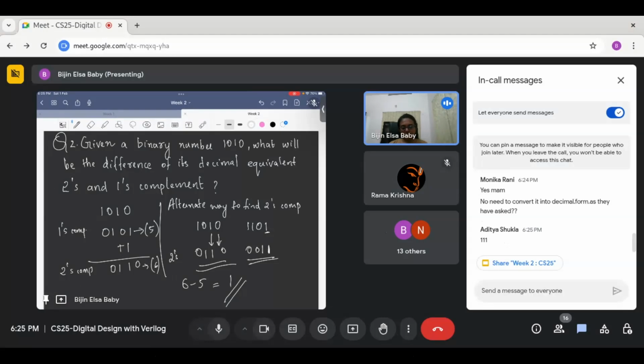They asked about the decimal equivalent, so it will be 1. The options they gave were in decimal equivalent, so when I share the slides, you can go through the options as well.